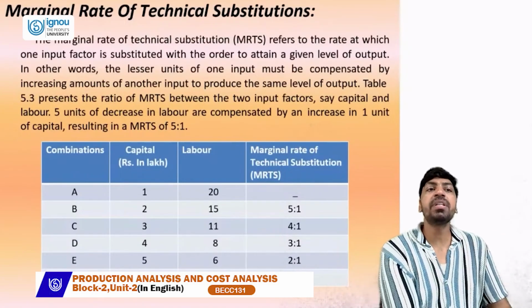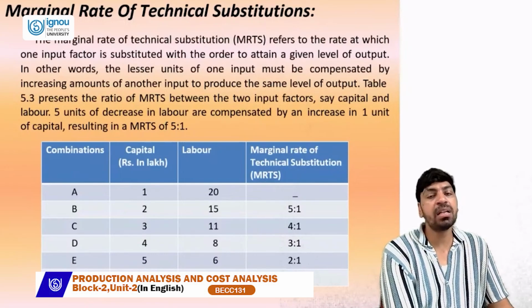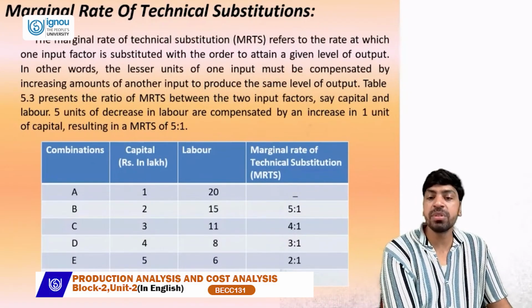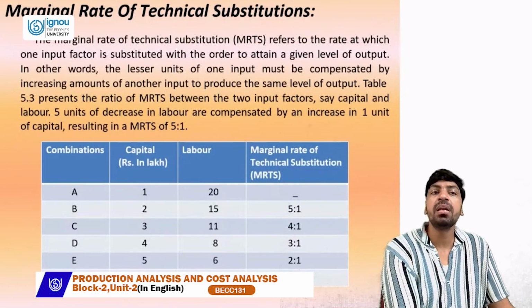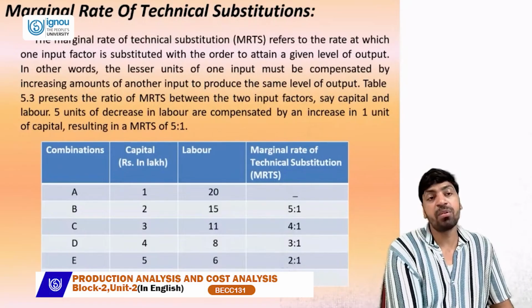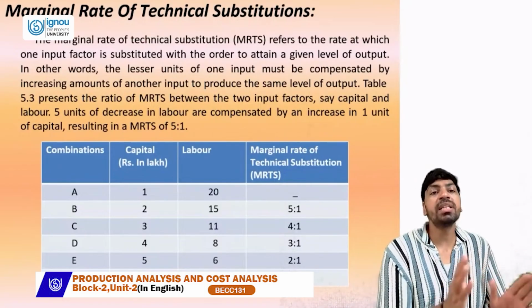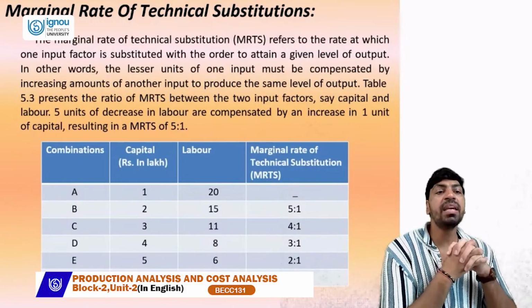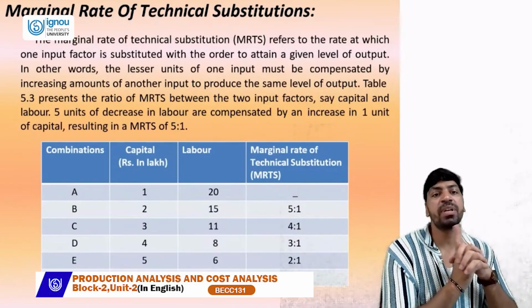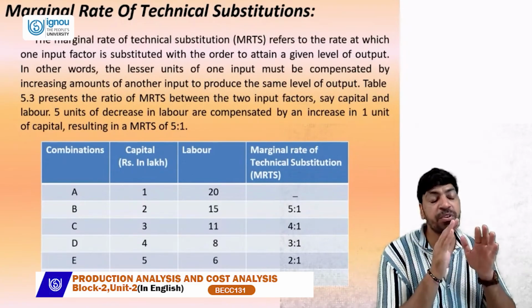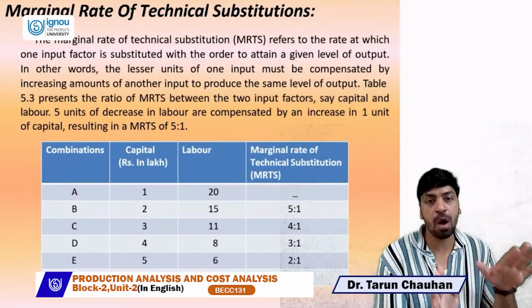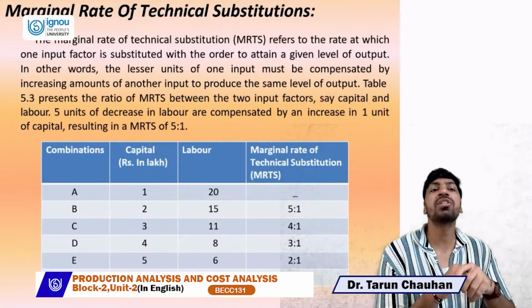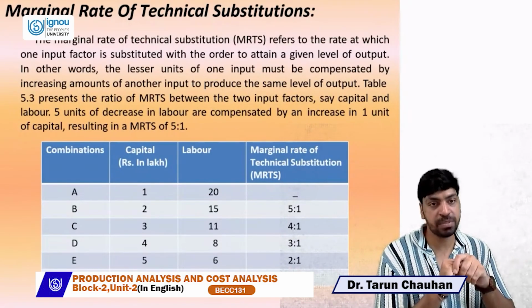The next concept is marginal rate of technical substitution. It is one of the most important topics for this particular subject. So what is the marginal rate of technical substitution? If one factor input is substituted to produce the same level of output, that's called marginal rate of technical substitution.